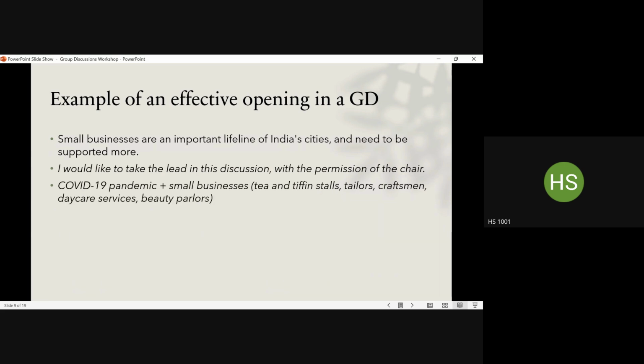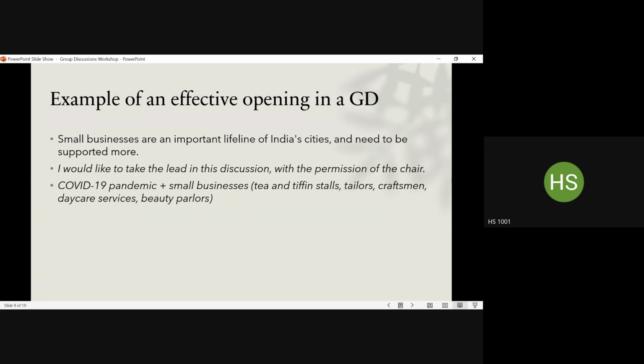Now, if you notice the second sentence, the general view, you already see that the leader has contextualized the topic, contextualized it in that time of the pandemic. During the time of the COVID-19 pandemic, small businesses suffered.